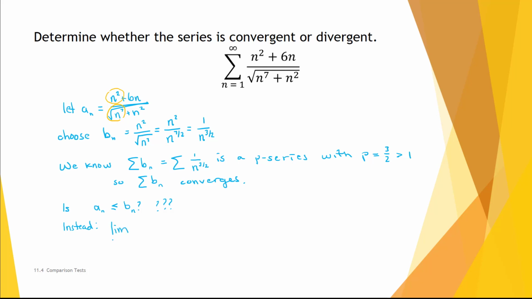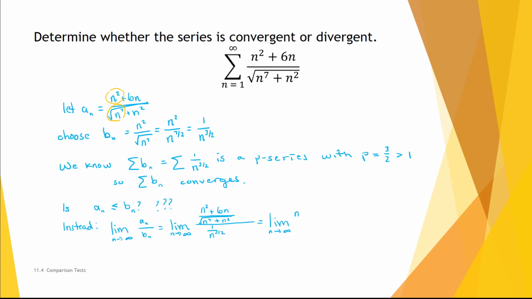For the limit comparison test, we need to look at the limit as n approaches infinity of the fraction a sub n divided by b sub n. In other words, the limit as n approaches infinity of n squared plus 6n divided by the square root of n to the 7th plus n squared, divided by 1 divided by n to the 3/2.